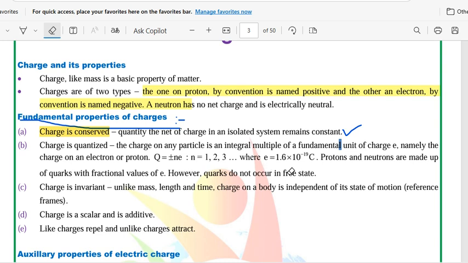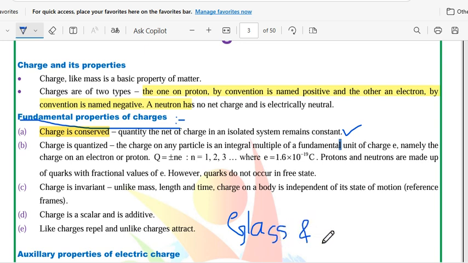Here it can be transferred from one body to another body. Suppose let us take an example, glass and silk cloth. I have said that the charge can neither be created nor be destroyed, but it can be transferred from one body to another body.